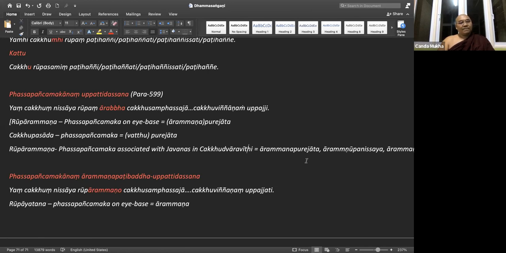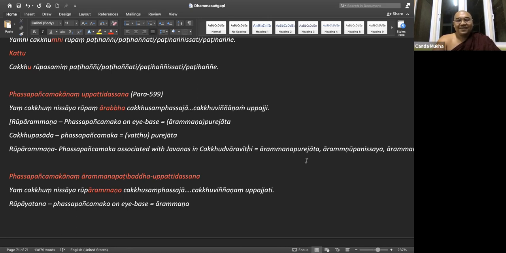For example, for the last line, Rupa-arammana and Phassa-pancamaka associated with Javanas in the Cakkhudvara Vithi, Sayadaw gave three Paccayas: Arammana Purejata, Arammana Upanissaya, and Arammanadhipati. But if we take, for example, Sampaticchana, then we still have the Arammana Purejata, right? We don't have the other two, but we still have Arammana Purejata.